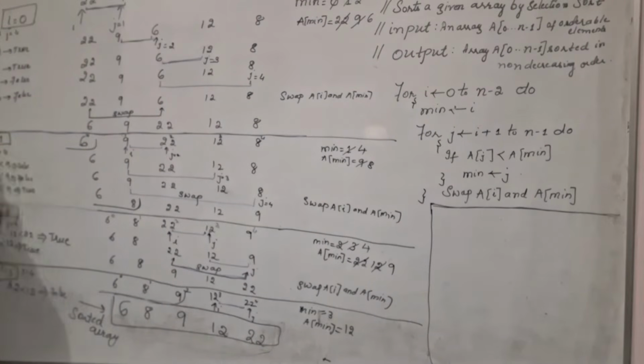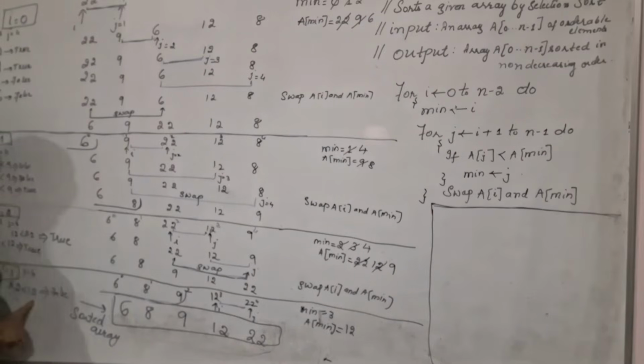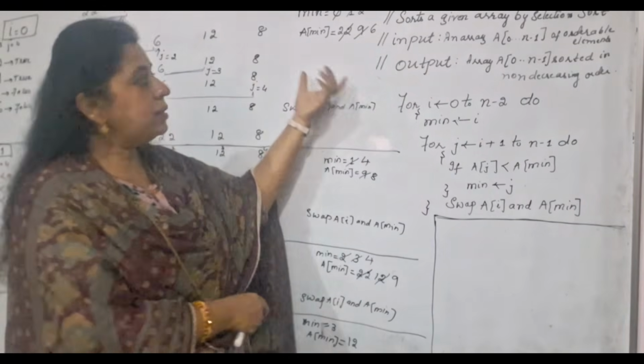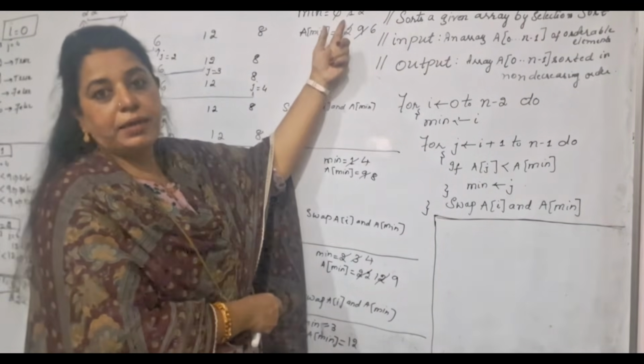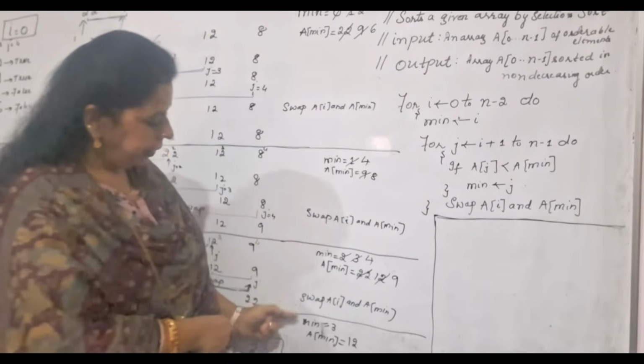In the second pass, 3 comparisons are done and one swap happens. In the third pass, 2 comparisons are done and one swap takes place. In the fourth pass, only one comparison is done and no swapping takes place. For each pass I have shown you how to update the value for the minimum variable. Look here, here, here and here.